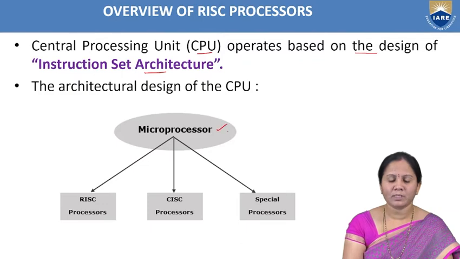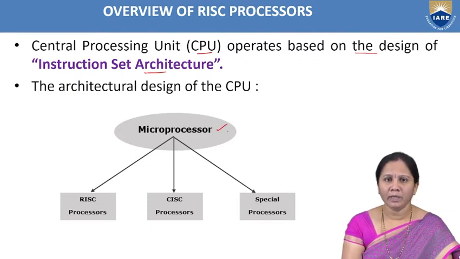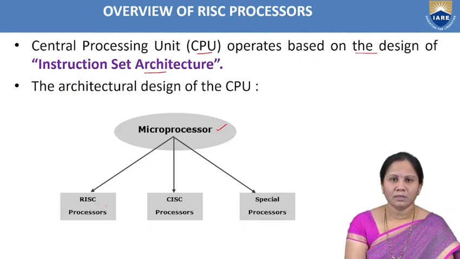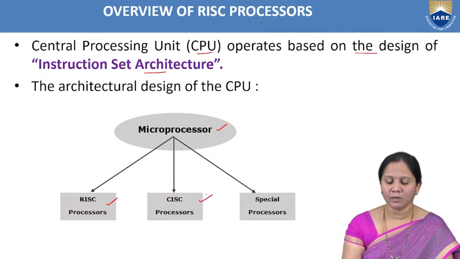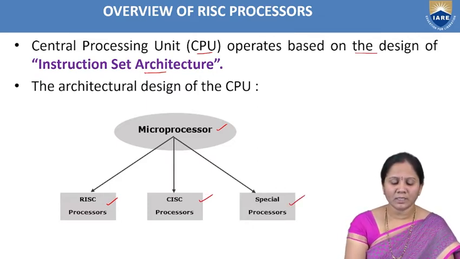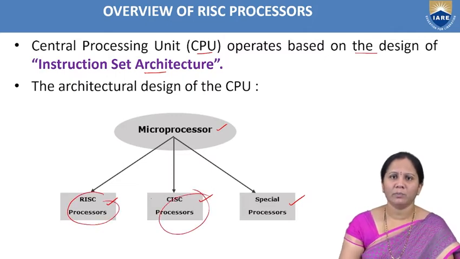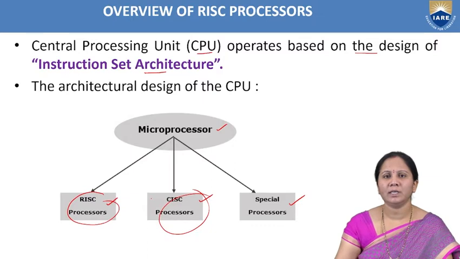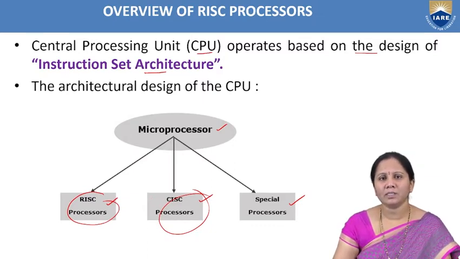So the microprocessor design will be as per different categories, like it may be either a RISC processor, a CISC processor, or some special purpose processor. In this session, we are going to learn about the RISC processor and CISC processor. We are going to see the characteristics of RISC and CISC. Next, we will see the advantages and disadvantages, and then we will go for the differences.